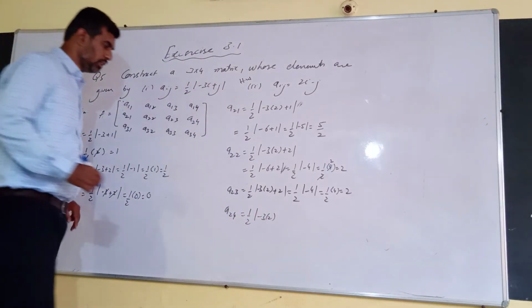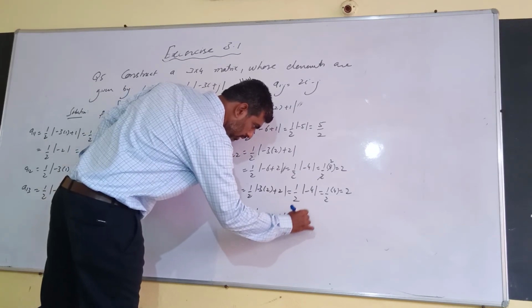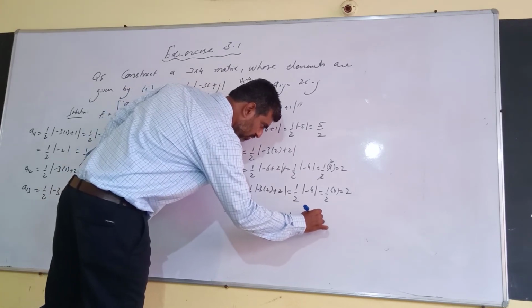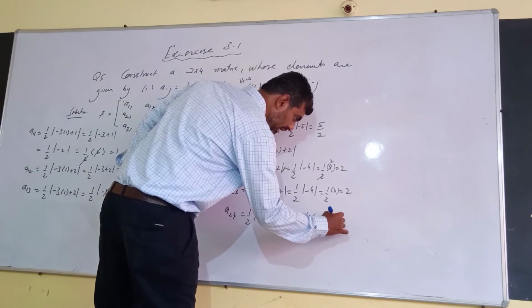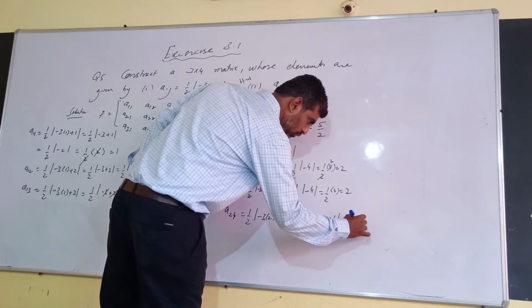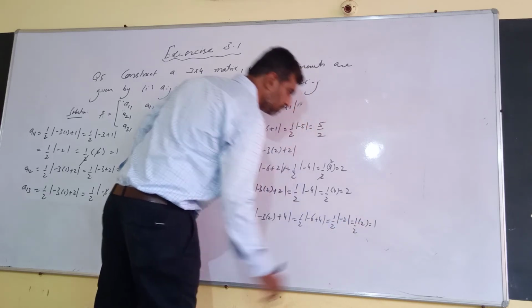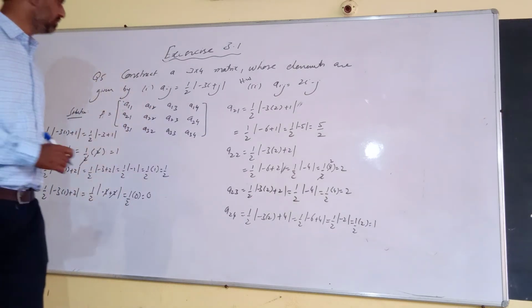This formula only we are using. Minus 6 plus 4, minus 2. So 1 by 2 into 2 is 1. So 1 we got.